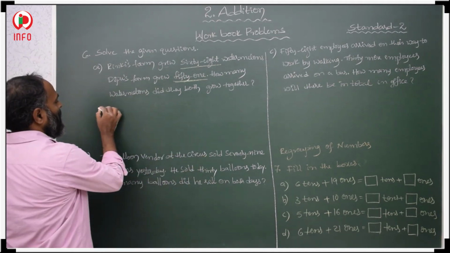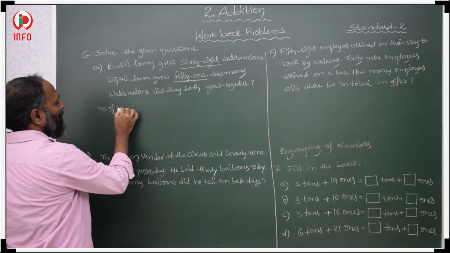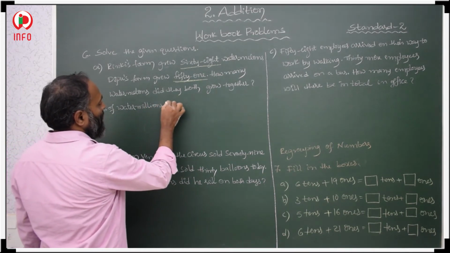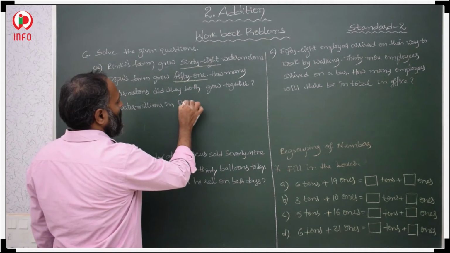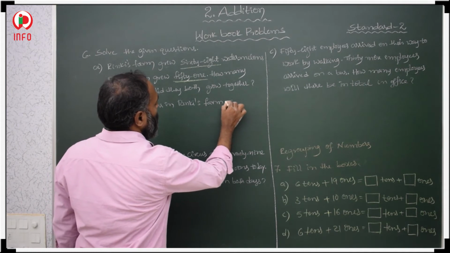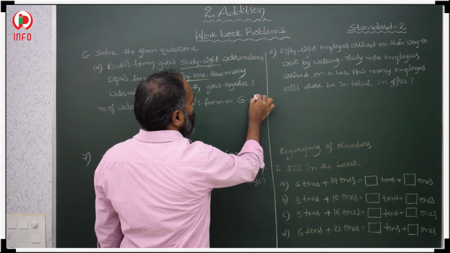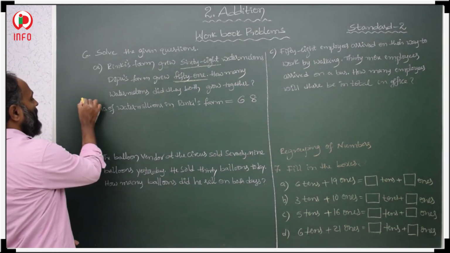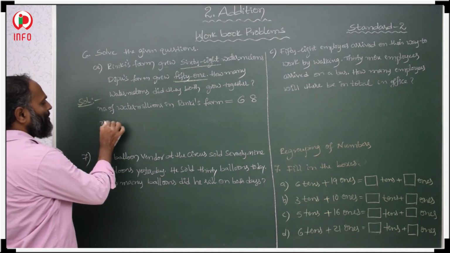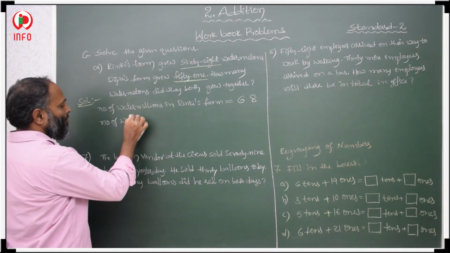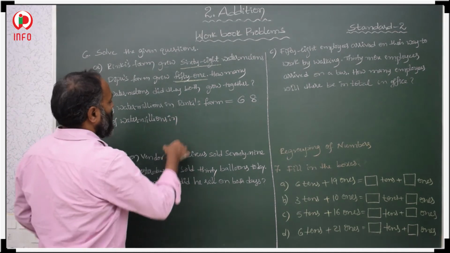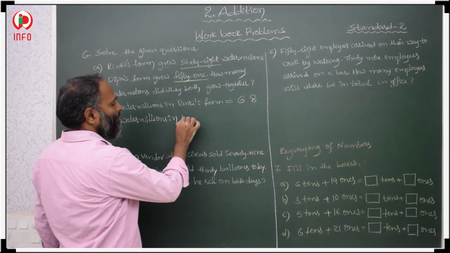So first, the number of watermelons in Rinki's farm. How many watermelons? 68. This many watermelons they grew. Then the number of watermelons in Deepu's farm.